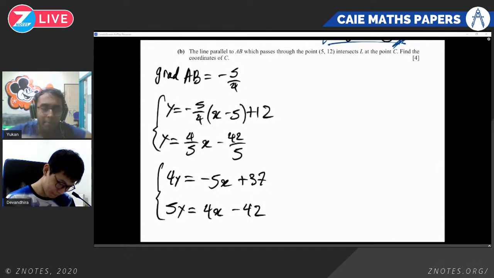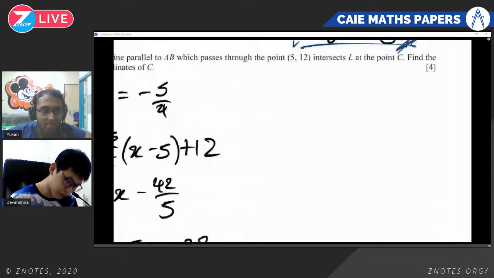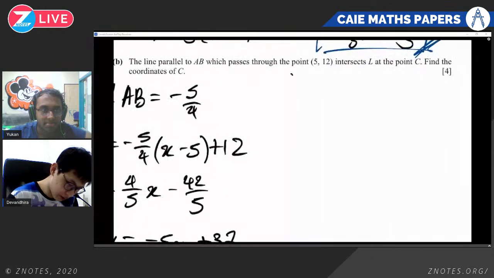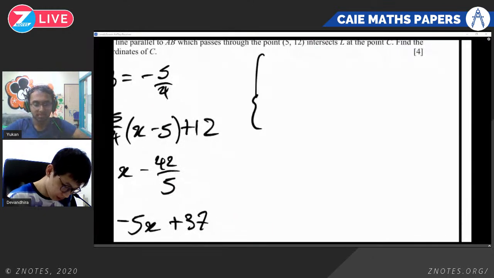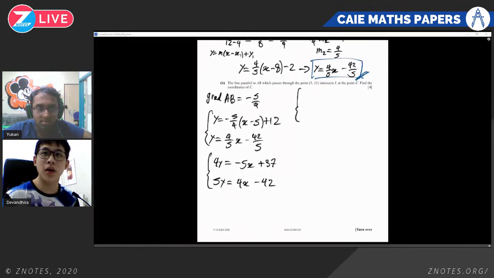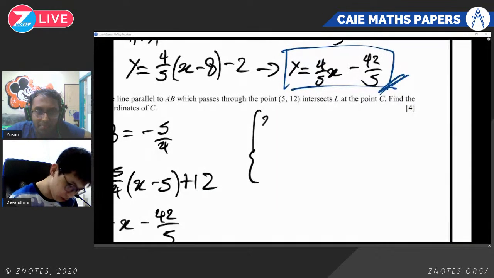We can multiply both equations by 5 and 4 respectively, and then equate them to eliminate y. Exactly. So we multiply the first by 5, the second by 4, correct? They'll both be 20y.